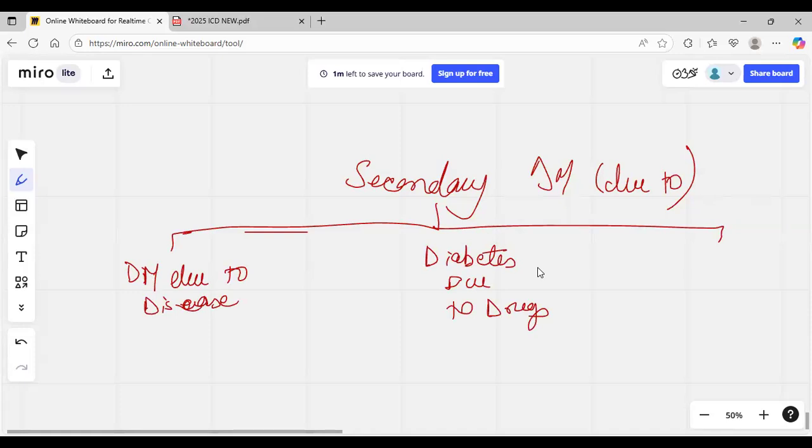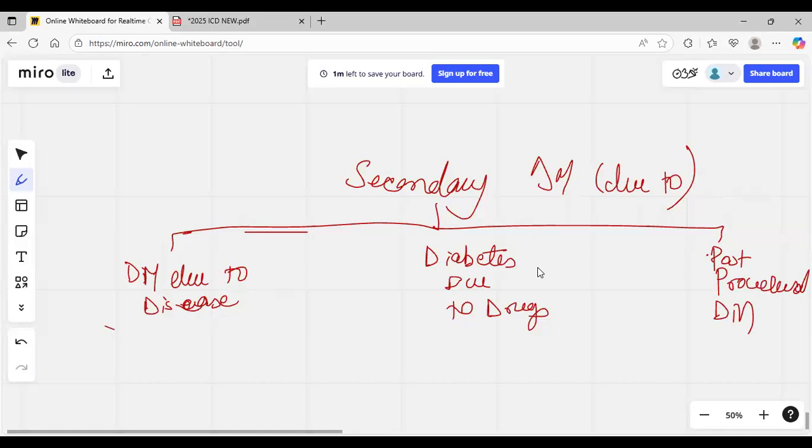And in the last we have post-procedural diabetes.